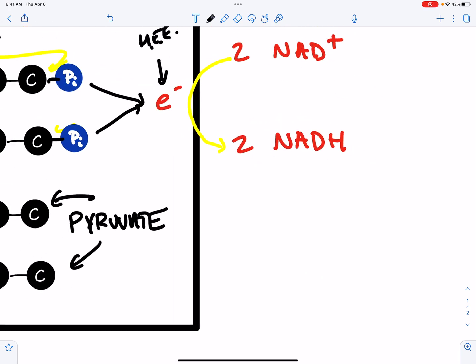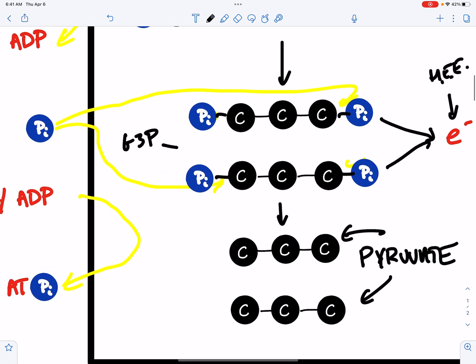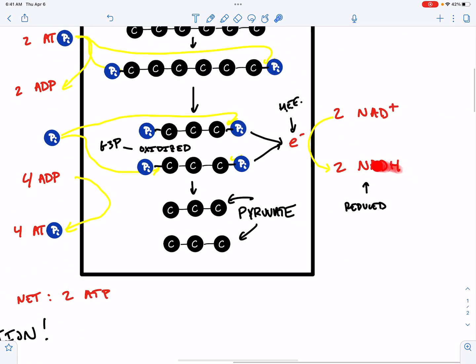So when electrons are transferred onto this, we say it is reduced. And G3P was oxidized because it lost electrons, and NADH gained electrons.